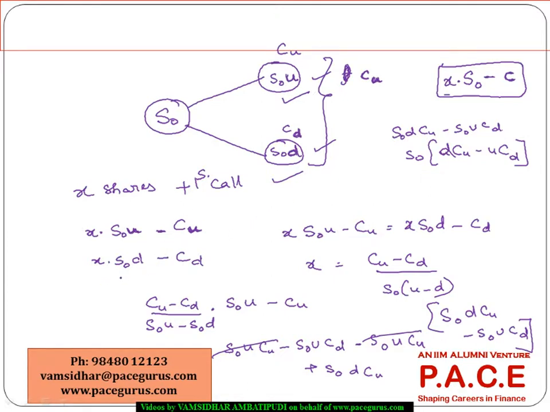Here X is coming out as CU minus CD by S naught U minus S naught D. So overall it is coming out as D CU minus U CD divided by U minus D.